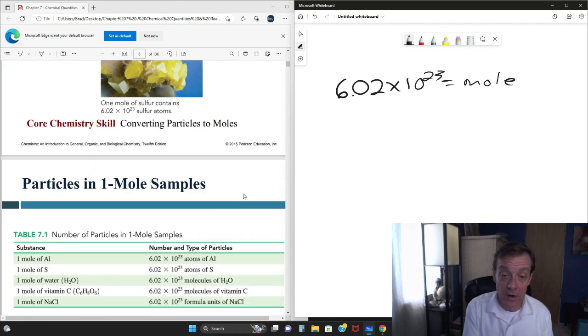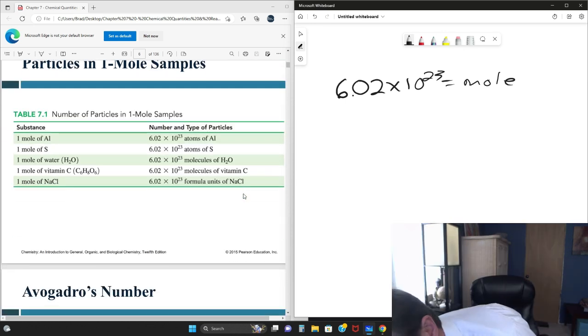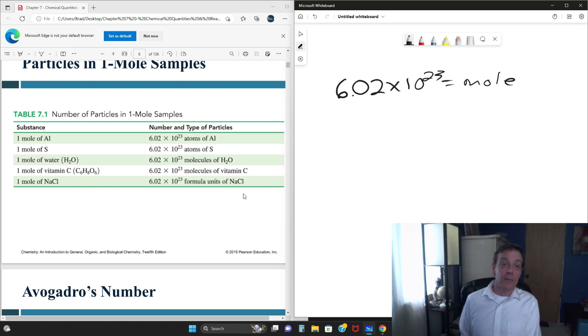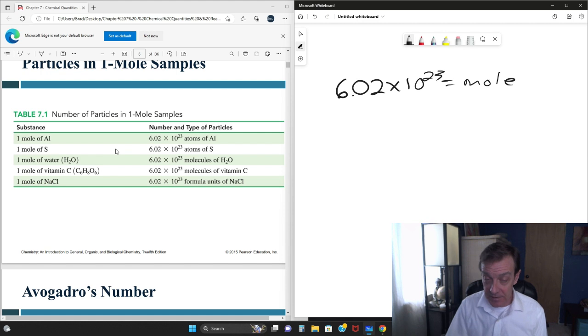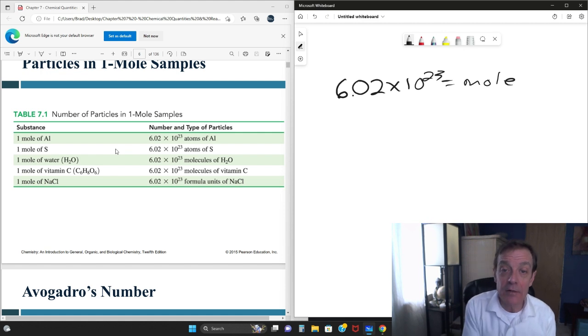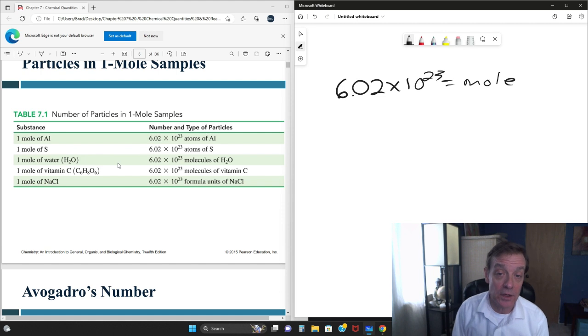Okay, so far so good, hopefully. Now, adding to this idea a little bit more, a mole of aluminum and a mole of sulfur is that number of atoms of both aluminum and sulfur. Now, in H2O, we have 6.02 times 10 to the 23rd molecules of H2O.